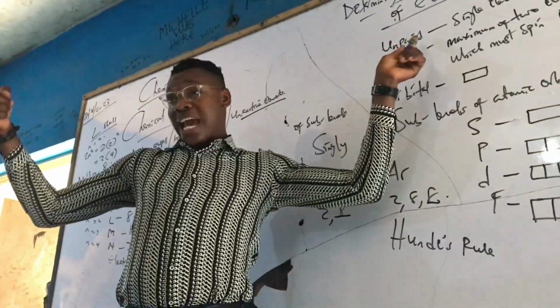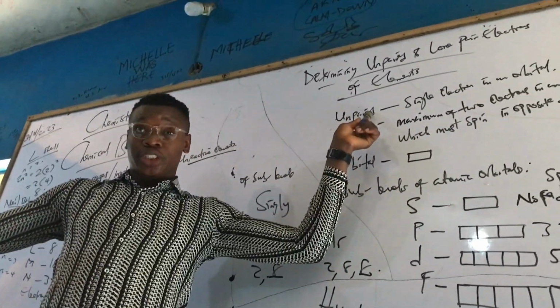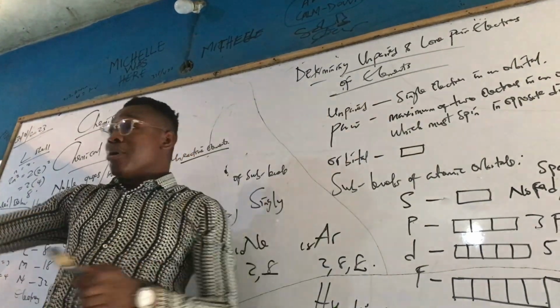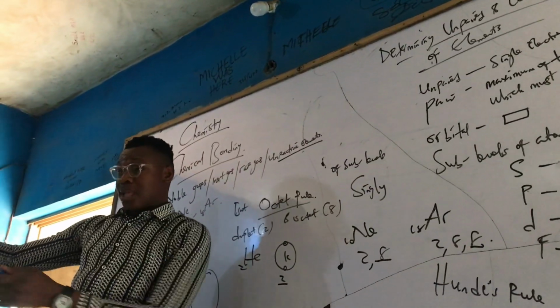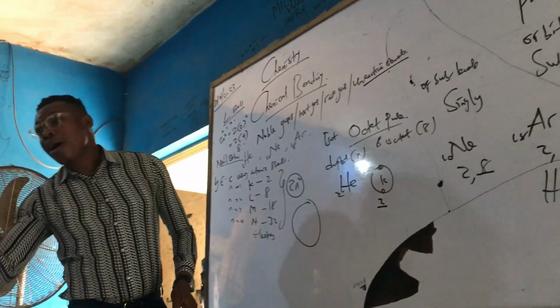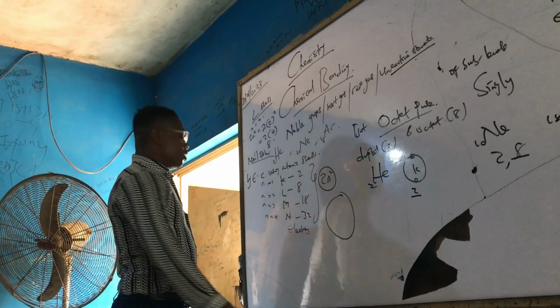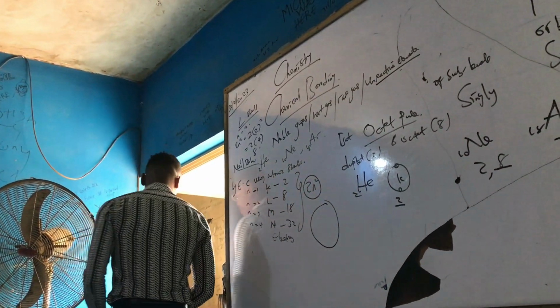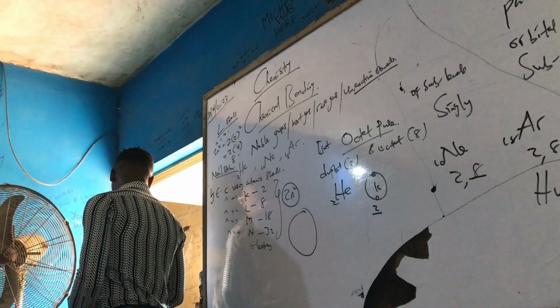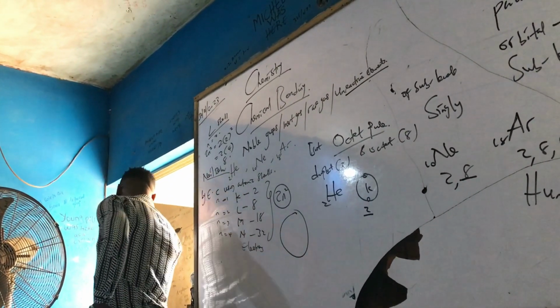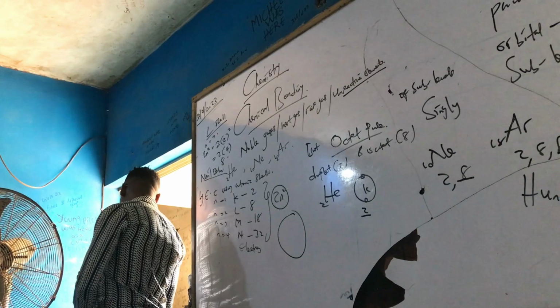They must enter unpaired first. Unpaired means single. So you must start with unpairing them singly before pairing. Electrons enter into the orbital singly before pairing commences.